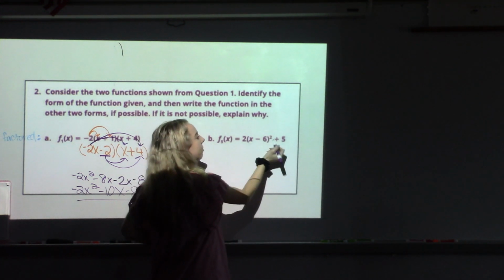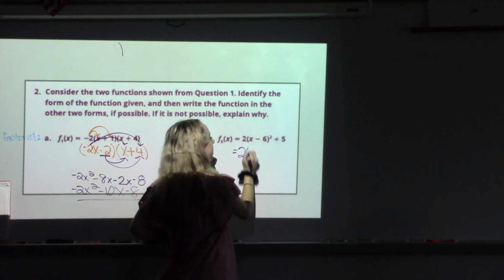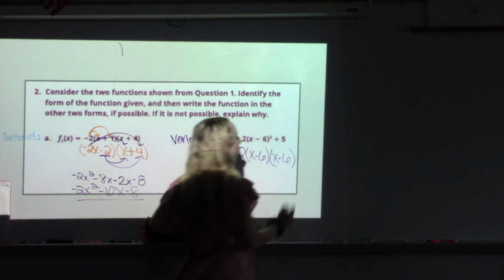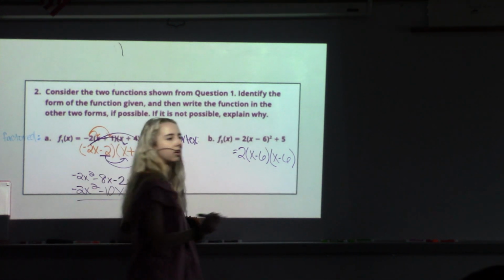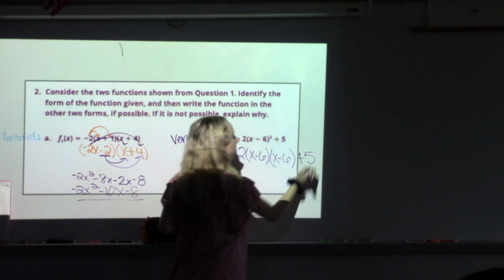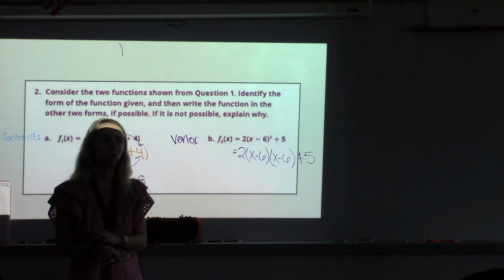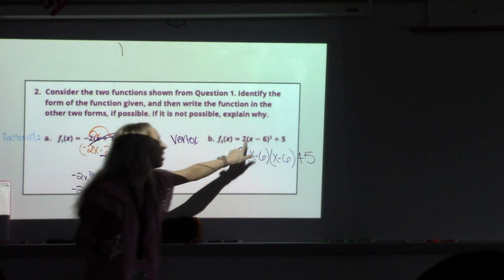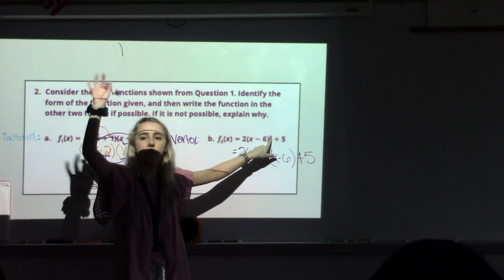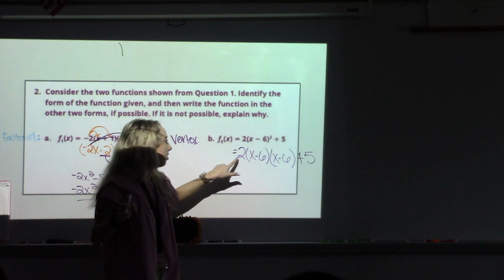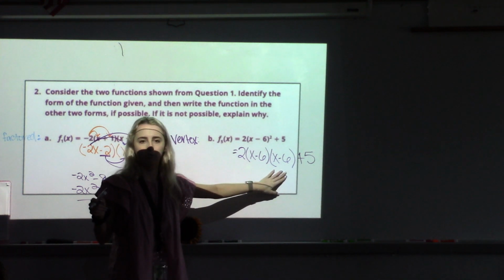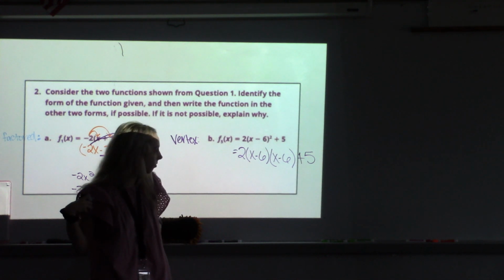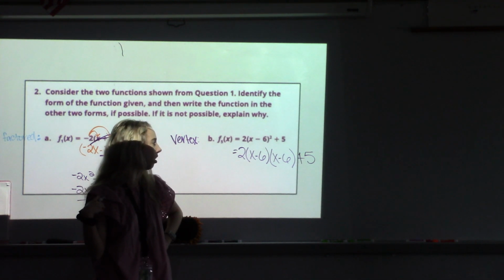Because this x minus 6 squared means that it's actually being multiplied twice, like that. Does that make sense? Do y'all see why I rewrote it like that? Because the x minus 6 raised to the exponent of 2 means that it's twice.